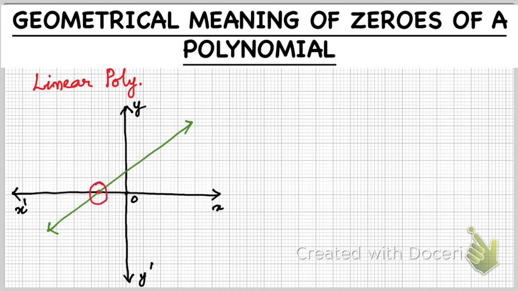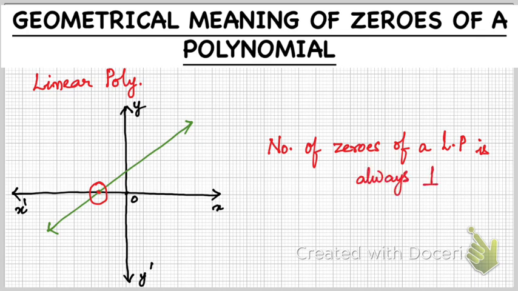The number of zeros of a linear polynomial is always 1.